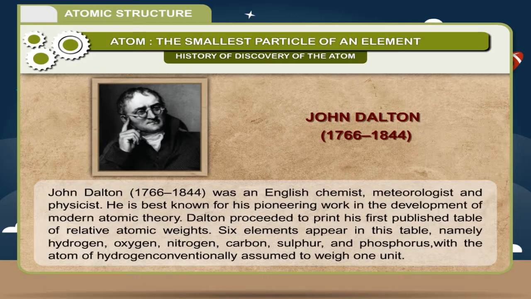Dalton proceeded to print his first published table of relative atomic weights. 6 elements appear in this table, namely hydrogen, oxygen, nitrogen, carbon, sulfur, and phosphorus, with the atom of hydrogen conventionally assumed to weigh 1 unit.